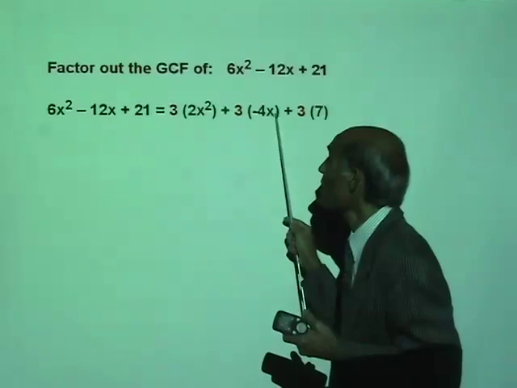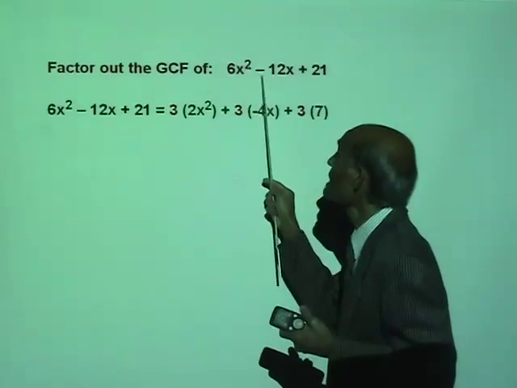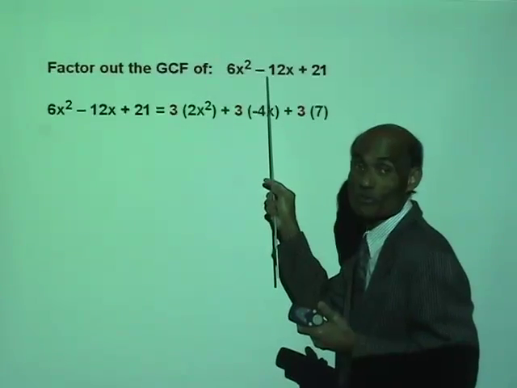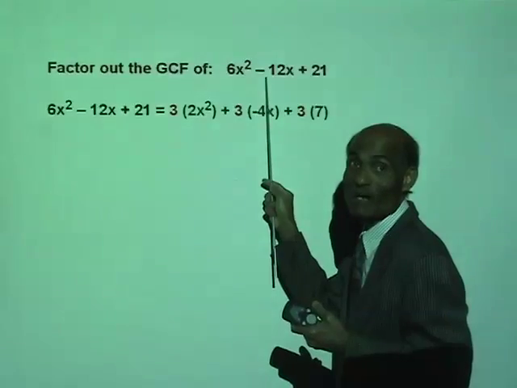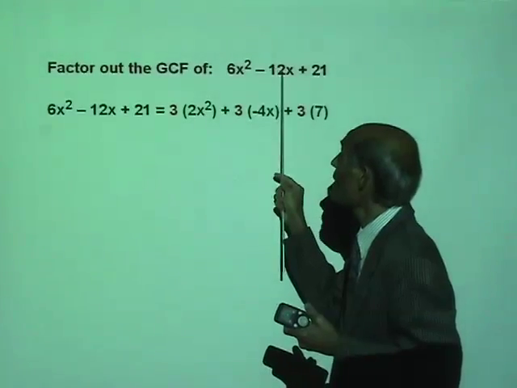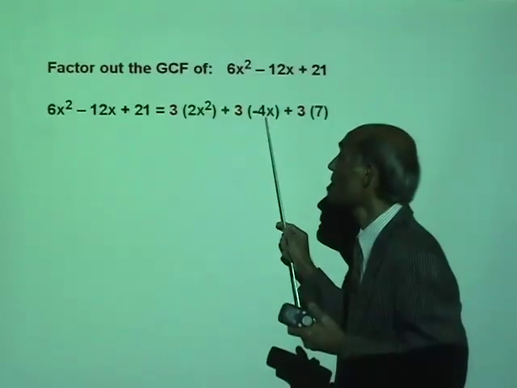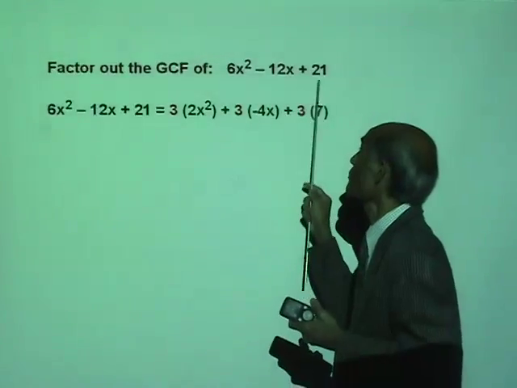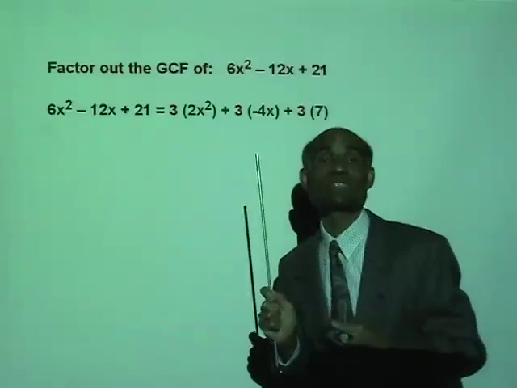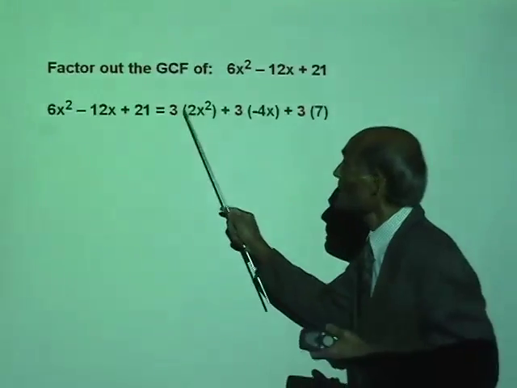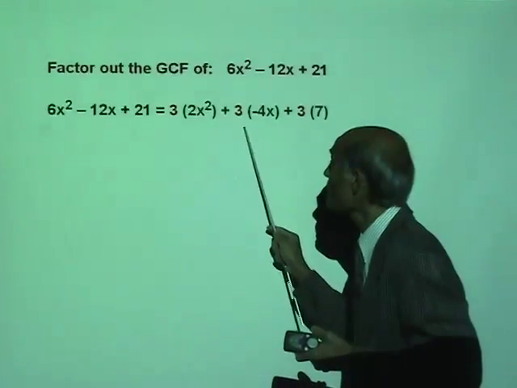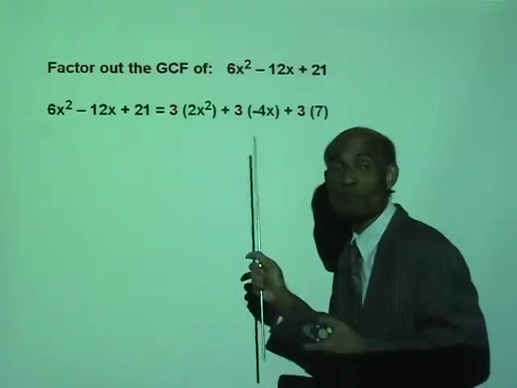Positive 3 times negative 4x is negative 12x. You need to practice this particular skill. So negative 12x is factored as positive 3 times negative 4x, plus 21 is 3 times 7. And now you have identified the 3 as the greatest common factor.